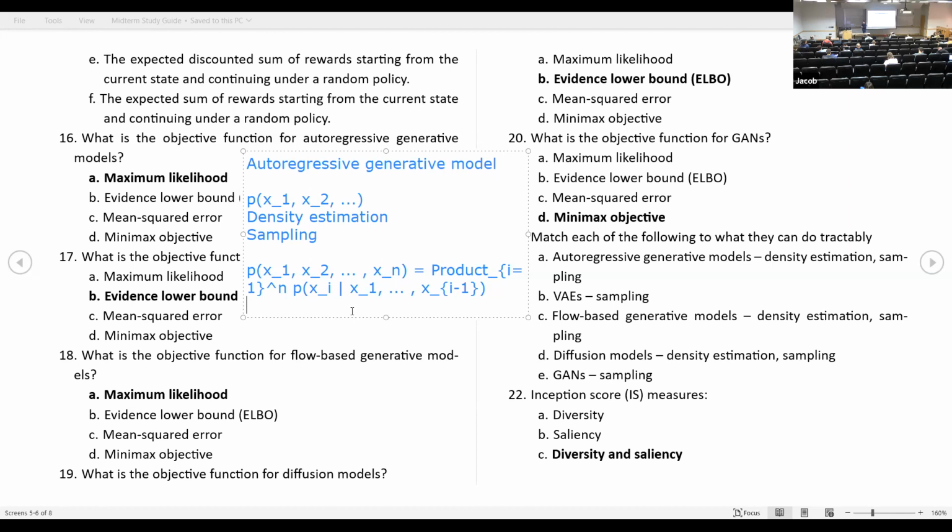Yeah, Dane. What is it about them that makes them variational? Oh, variational autoencoders. I believe the term variational comes from variational inference, which refers to models that use this variational or evidence lower bound objective.